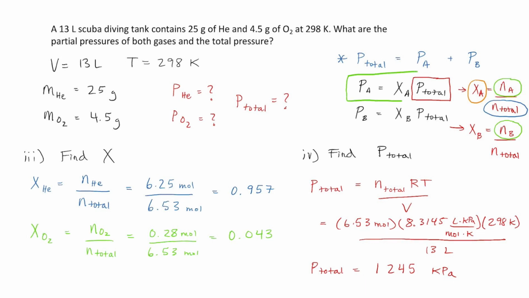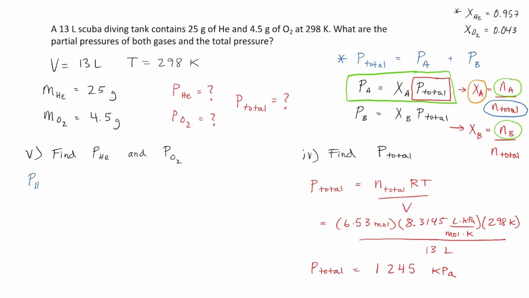And now that we have the total pressure and we've solved for each mole fraction, it's time to solve for the partial pressures of helium and oxygen. Starting with helium, we can find the partial pressure of helium by using this equation. All we need to do is multiply our mole fraction for helium times the total pressure. And that gets us a partial pressure of 1,191 kilopascals.